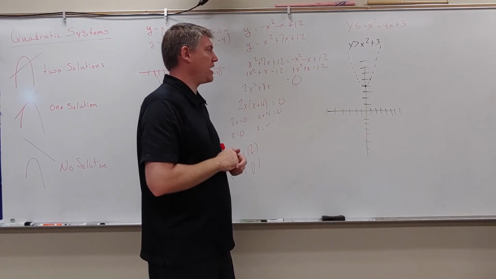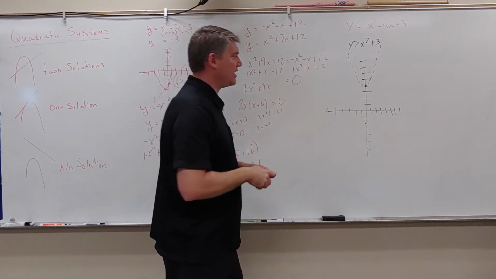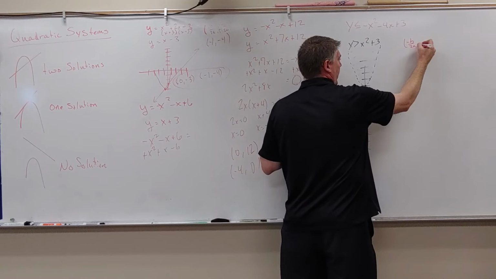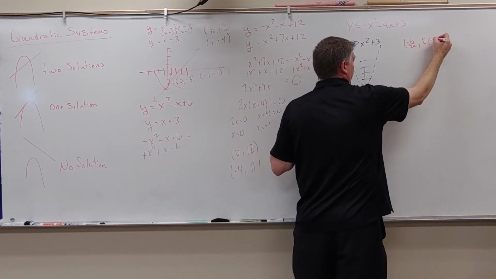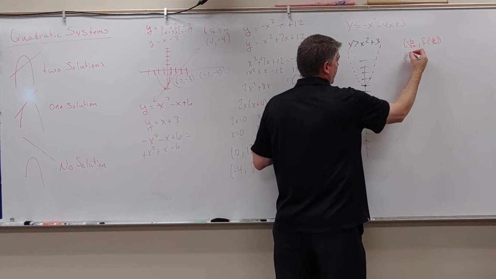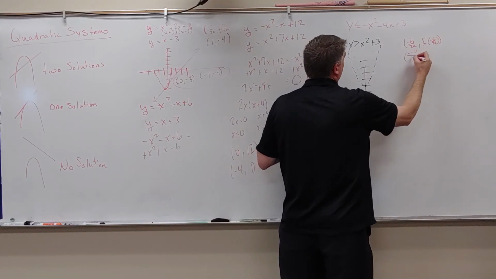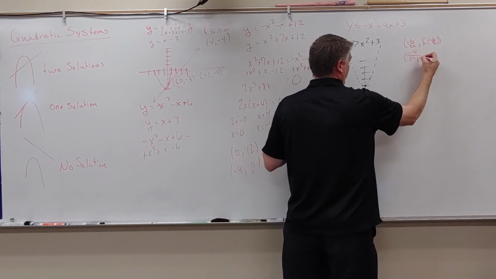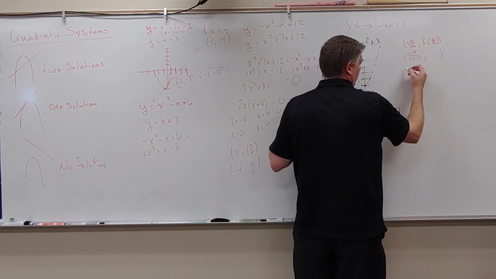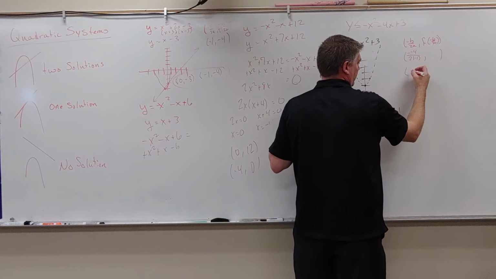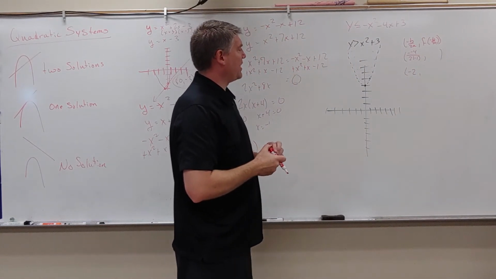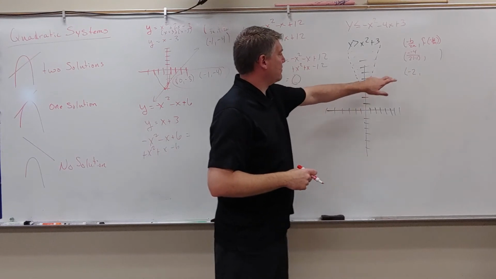Okay, this one's not quite as easy to graph, but it's not too bad. Remember, my vertex is negative b over 2a, comma, f of negative b over 2a. So negative b gives me negative 4 over 2 times negative 1, which is 4 over negative 2, which is negative 2. So I'm going to plot negative 2.